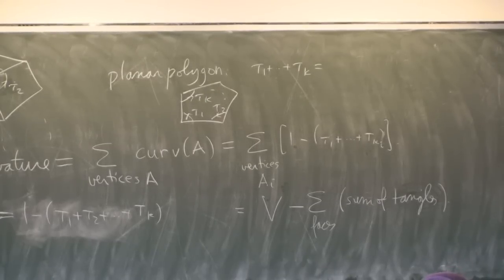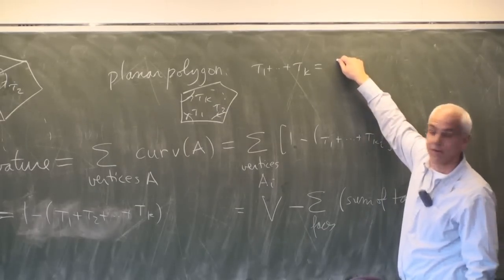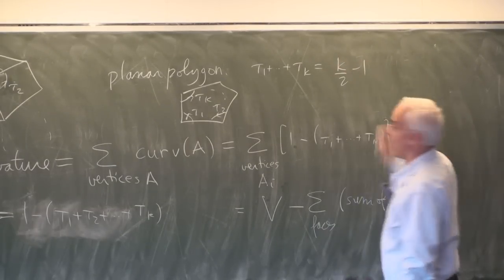This is a planar situation. For a triangle, it was a half. For a square, it was 1. For a pentagon, it was 3 halves. So it's k over 2 minus 1.